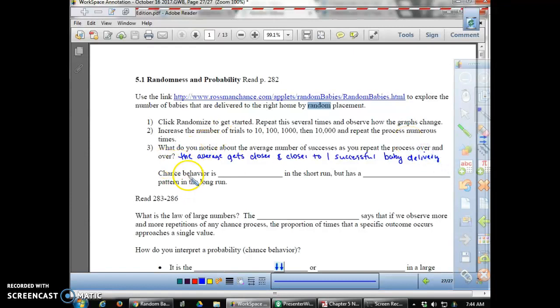Chance behavior is unpredictable in the short run, but has a regular and predictable pattern in the long run.